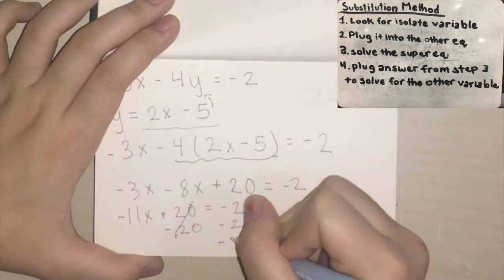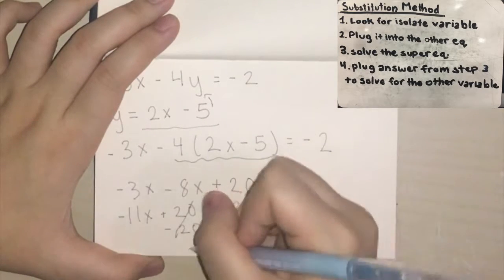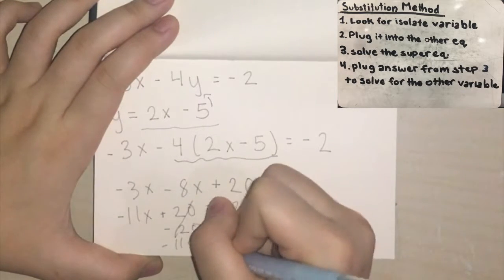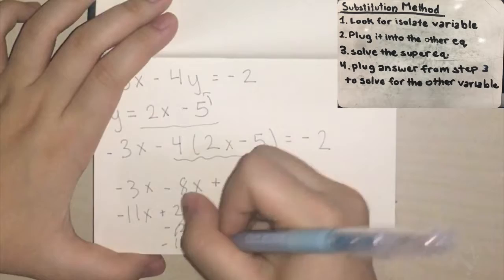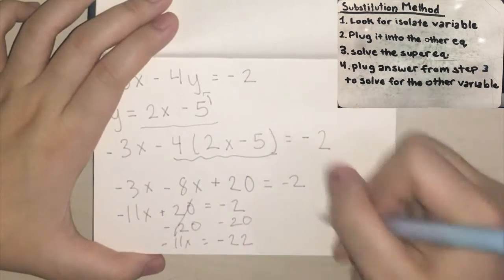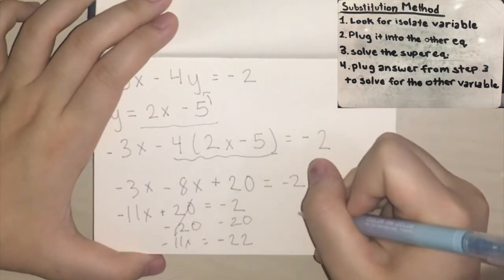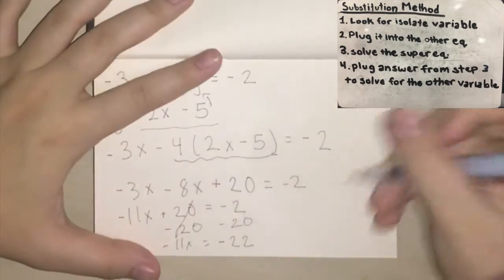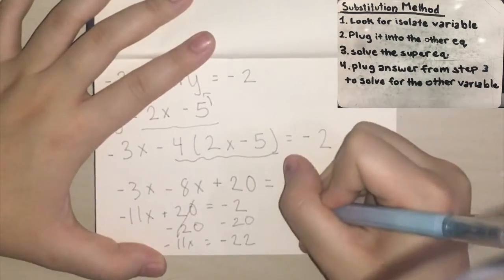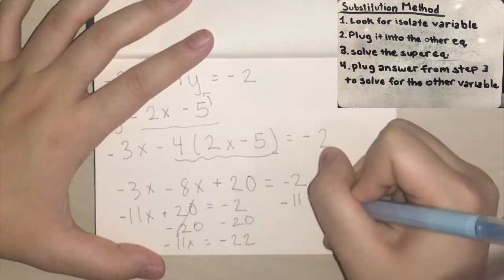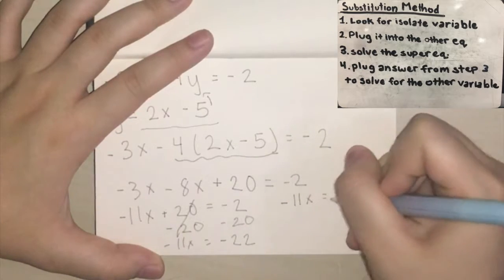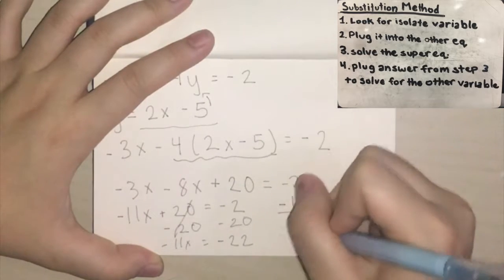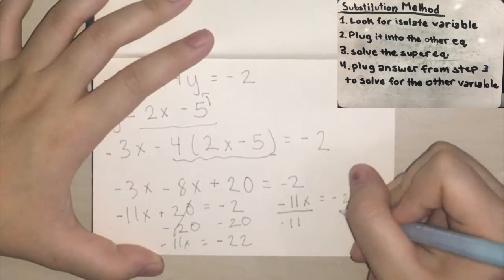So it's now negative 22 equals negative 11x. So negative 11x equals 22, and now we're going to divide it.